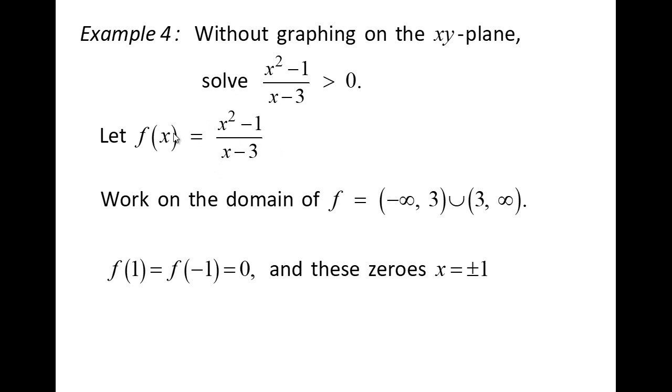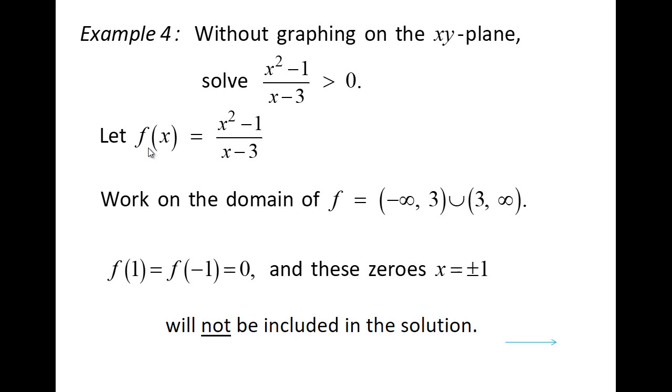So we see that the function f has 2 zeros, one at -1 and the other at 1. Now, -1 and 1 will not be in the solution of this inequality because this is not greater than or equal to, this is strictly greater than 0. If I had greater than or equal to 0 here, then -1 and 1 would satisfy this inequality.